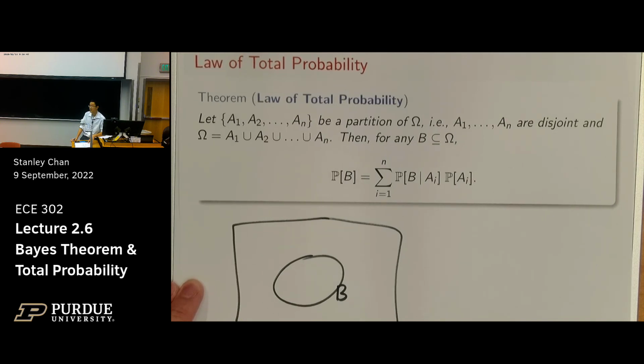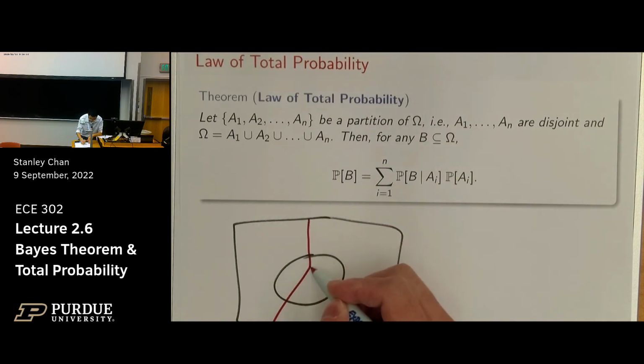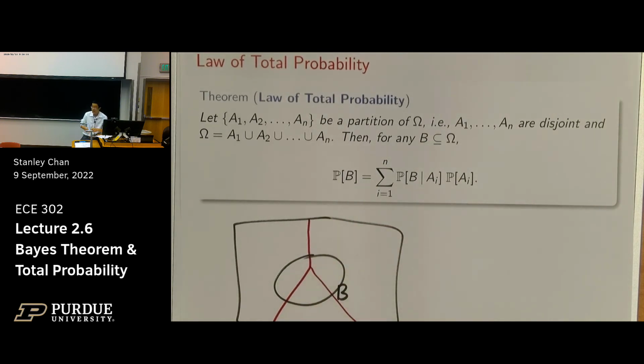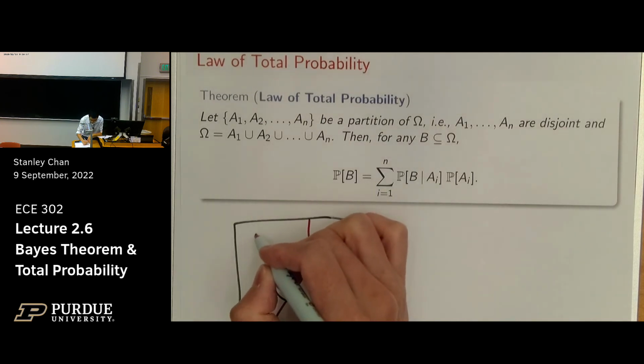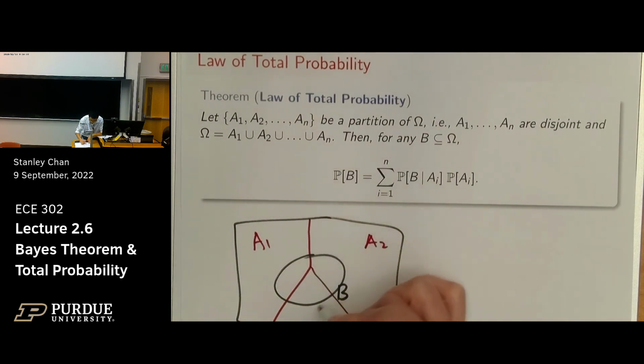It could be hard, but what if I can cut my sample space into 3 smaller subsets, A1, A2, and A3? They form a thing called a partition of the sample space because when you take the union, they form the sample space, and they are all disjoint, and so we call them a partition.